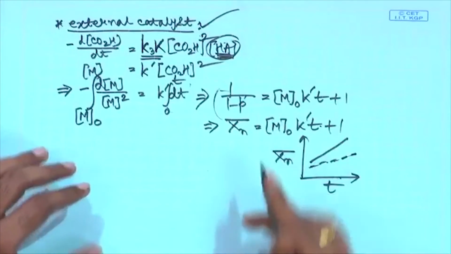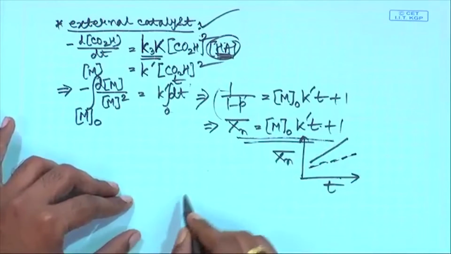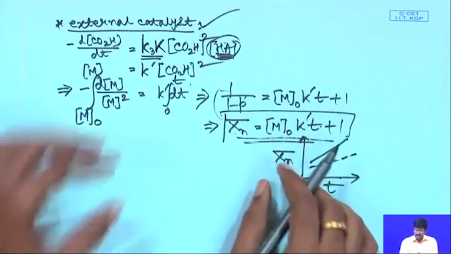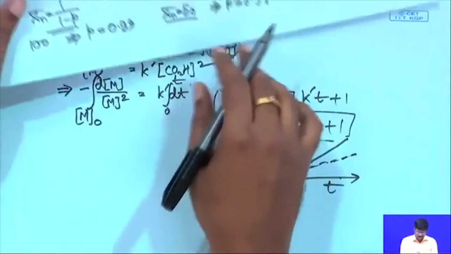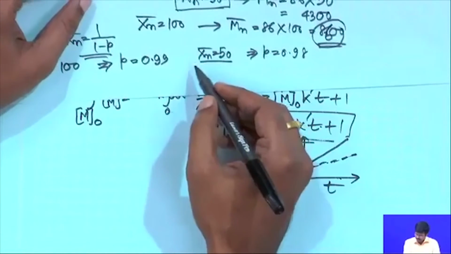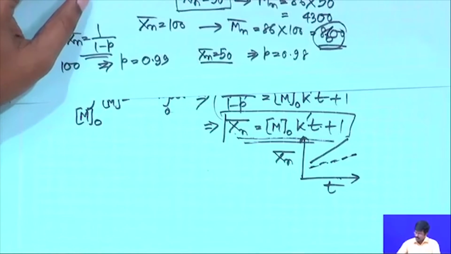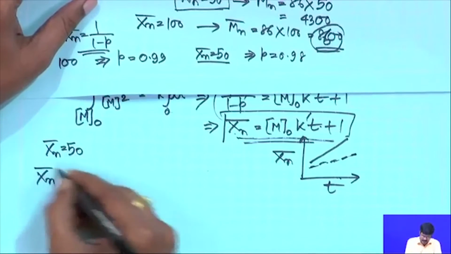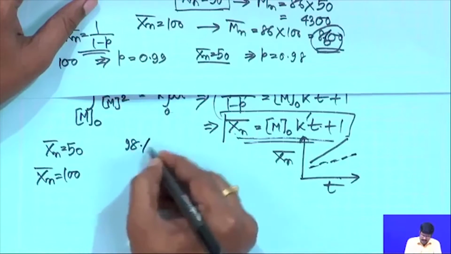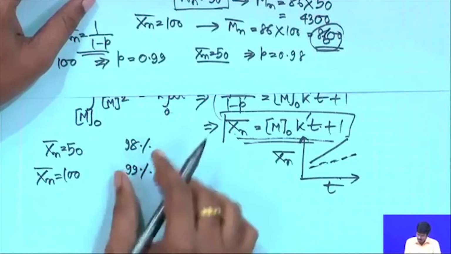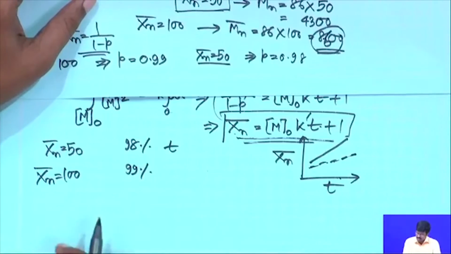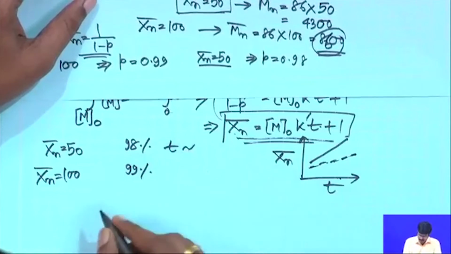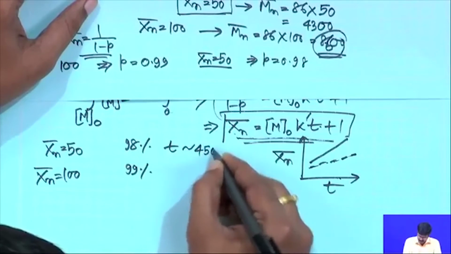So, now if you take this particular expression here, and do the maths and compare with the previous page, if you are having an xn bar say 50 and xn bar say 100, we told this is for 98% reaction, this is for 99% reaction. If you compute the t correspondingly, the t will be approximately 450 minutes.